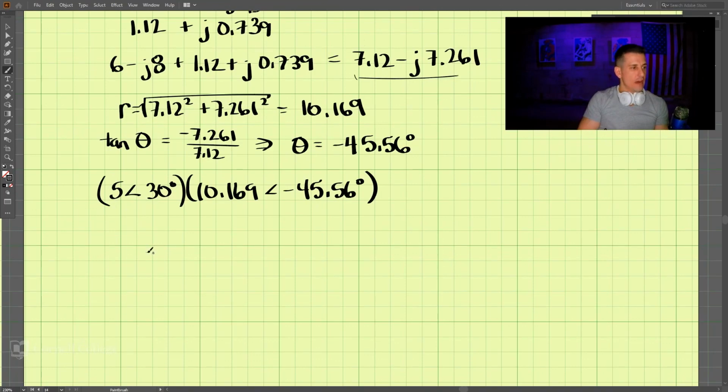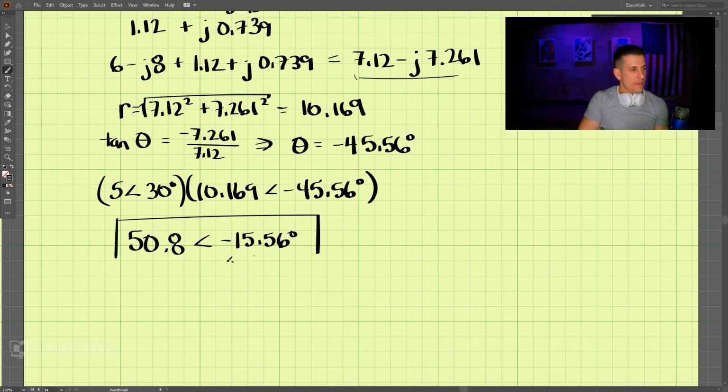So we multiply 5 times 10.169, which is 50.8, and the angle is then 30 plus this value, which is going to be negative 15.56 degrees. And that is the solution for part A of the problem.